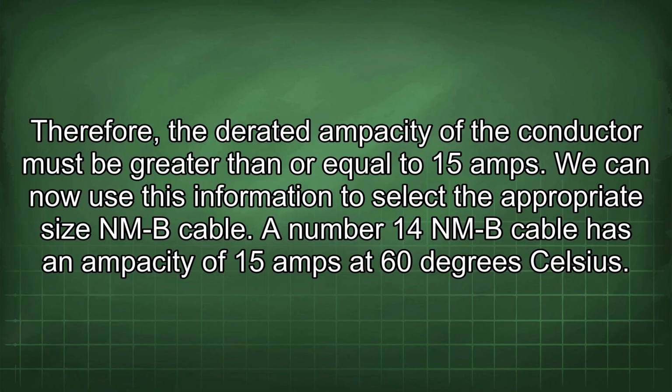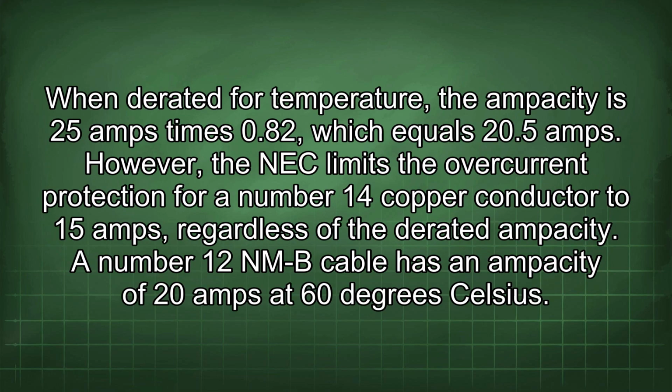A number 14 NMB cable has an ampacity of 15 amps at 60 degrees Celsius. When derated for temperature, the ampacity is 25 amps times 0.82, which equals 20.5 amps. However, the NEC limits the overcurrent protection for a number 14 copper conductor to 15 amps regardless of the derated ampacity.